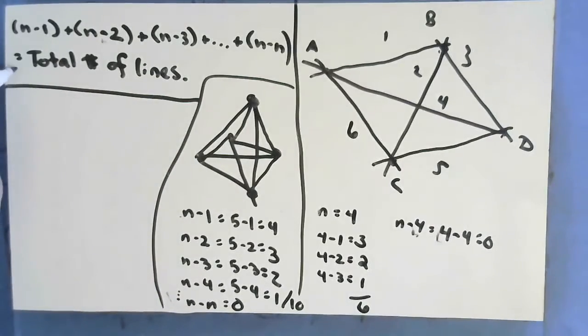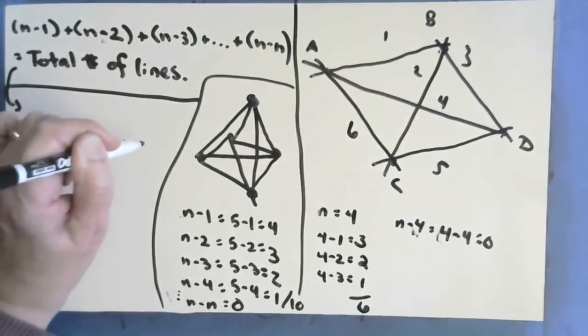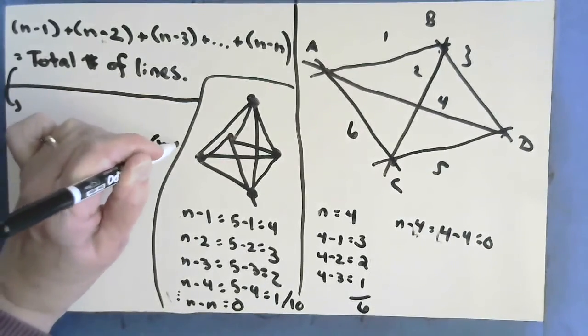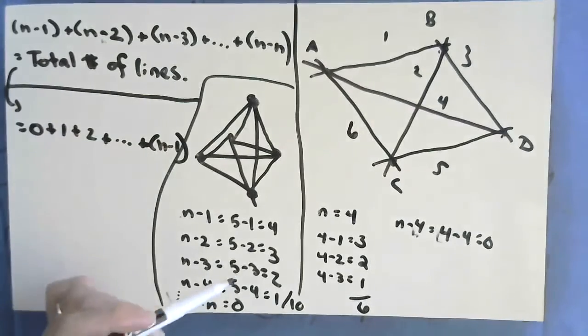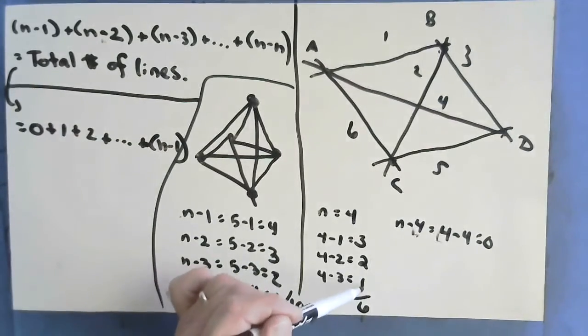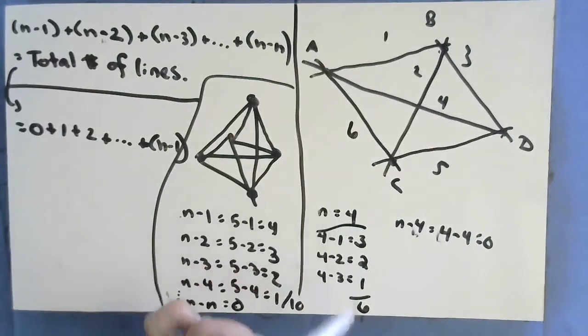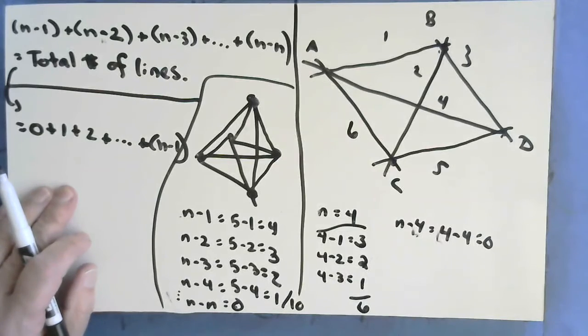So this same total is equal to 0 plus 1 plus 2 plus ... plus n minus 1. So that's another way we can look at it, and that's a way to simplify the formula.